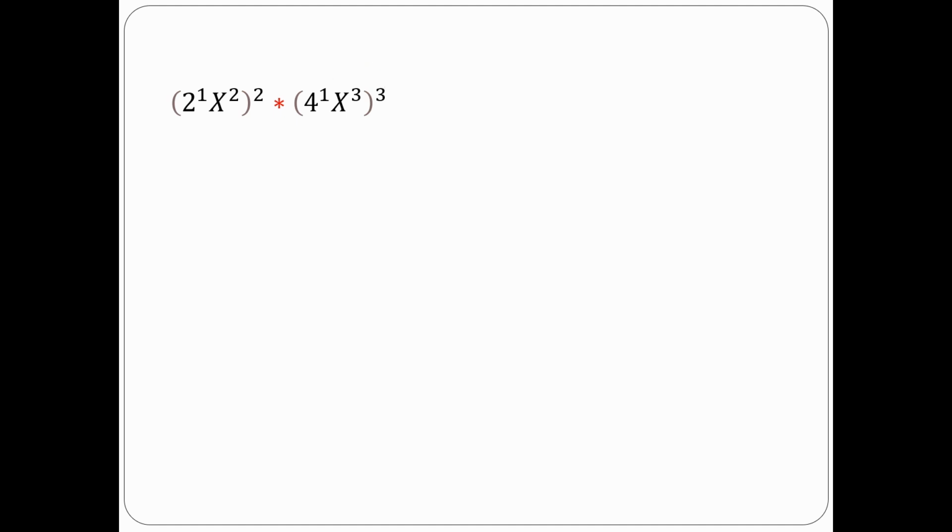So 2 times 1 is 2 and 2 times 2 is 4. So we get 2 squared times x to the 4th, and 1 times 3 is 3 and 3 times 3 is 9. So we get 4 cubed times x to the 9.